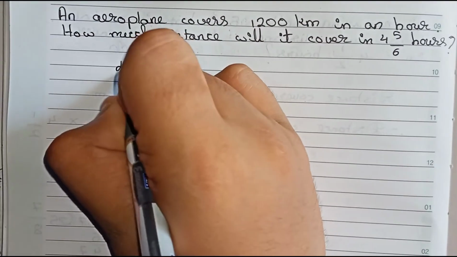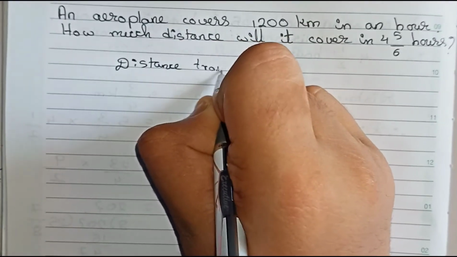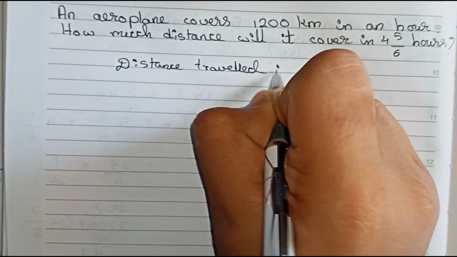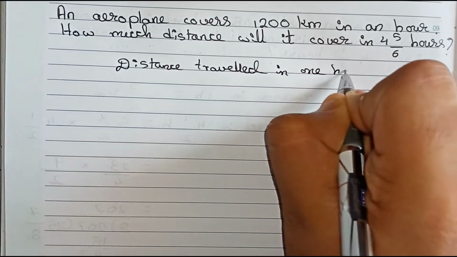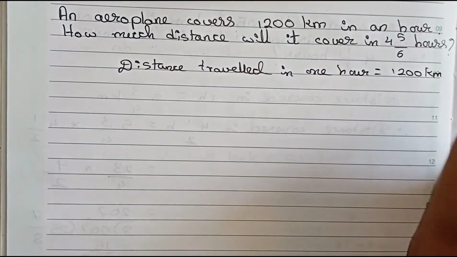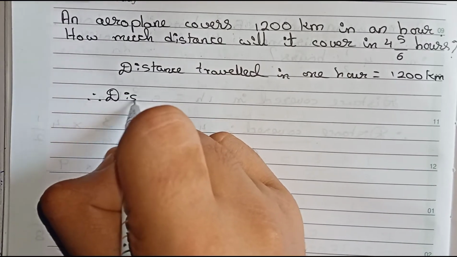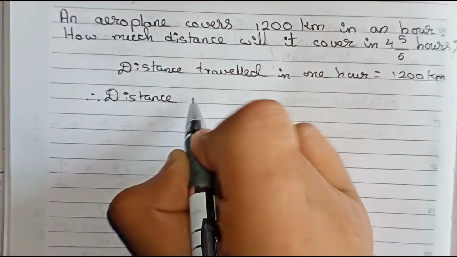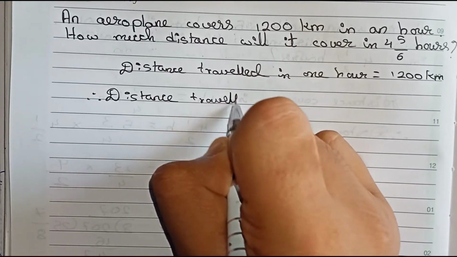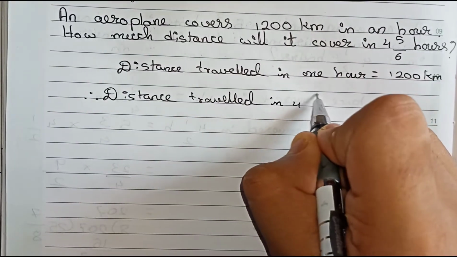So first we write the distance traveled in 1 hour. It is given 1200 km. So now I write that therefore the distance travelled in 4 whole 5 by 6 hours.